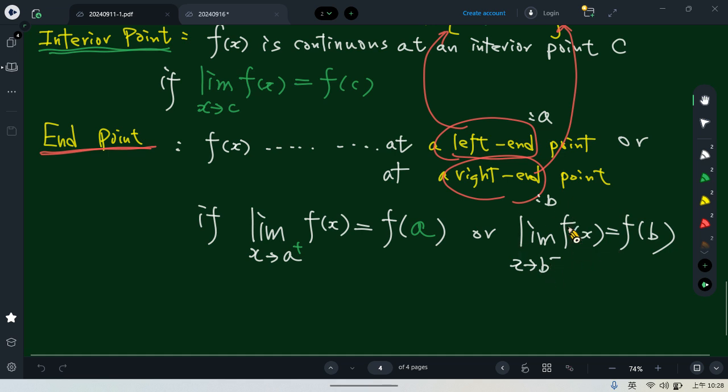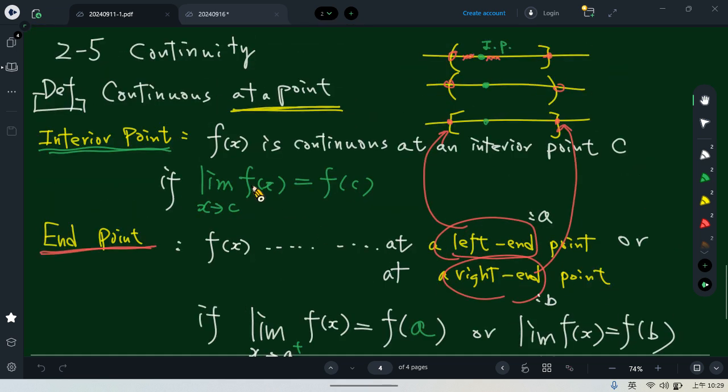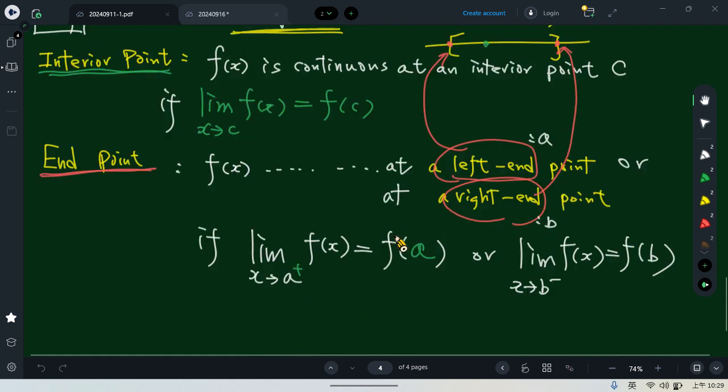If this limit exists, and we also need to know if f of b exists, then the most important thing is if these two values are the same. So this is about the continuity at some certain point, just like I introduced to you last week. Today we will continue to focus on this one.